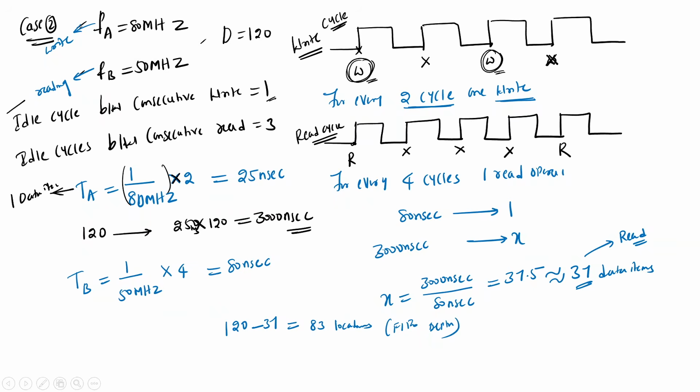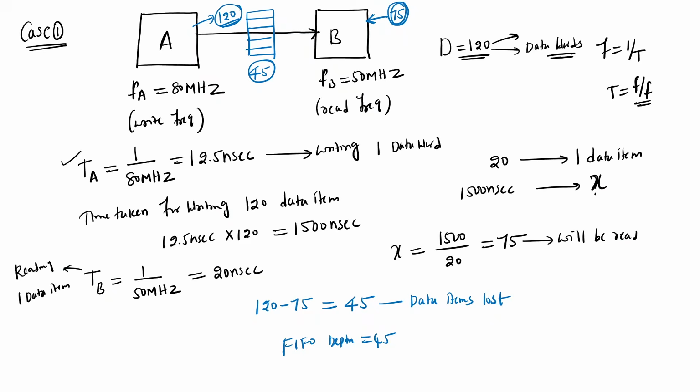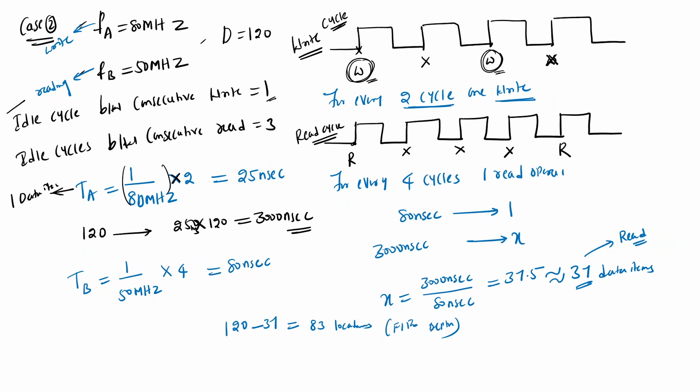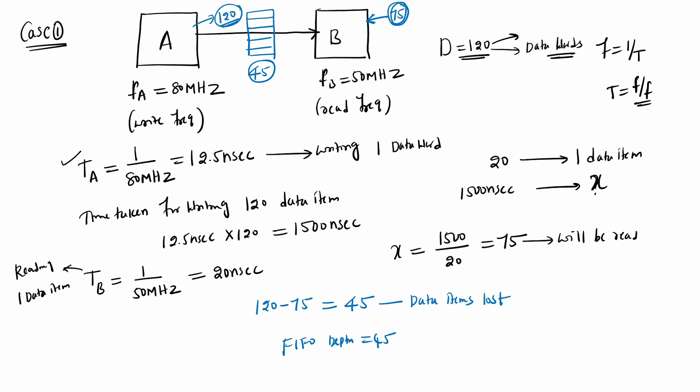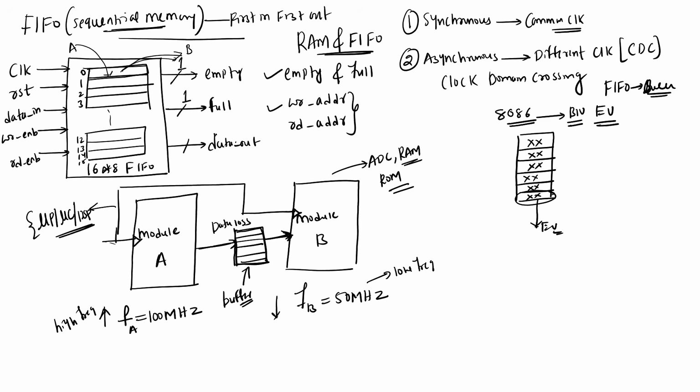Sir, data items means data words, right? Yes, data words. Previously I told you, the word will be 8 bits wide, not 16 bits. Suppose previously we took the FIFO as 16 cross 8.